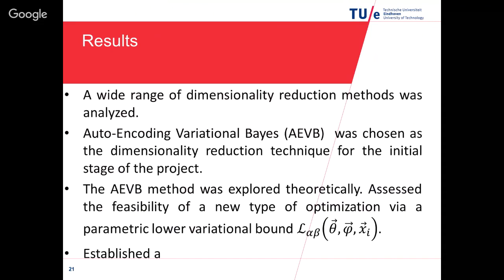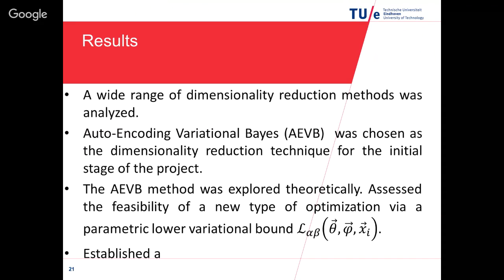So what are the results that we have obtained? What we have obtained is a wide range of dimensionality reduction methods that we have analyzed. So we could analyze why each method was better than the other ones, and why we made certain decisions about the choices. After that, we chose the autoencoding variational Bayes because of its explanatory abilities of the latent variable set that produces the data.